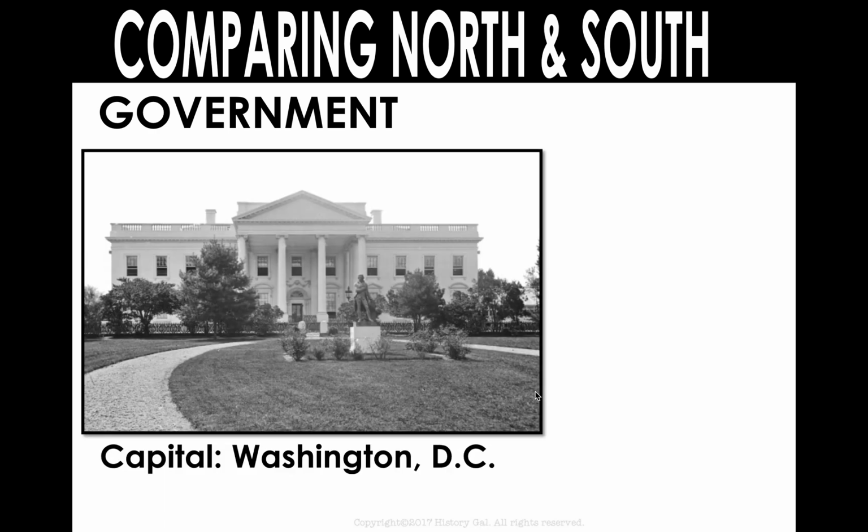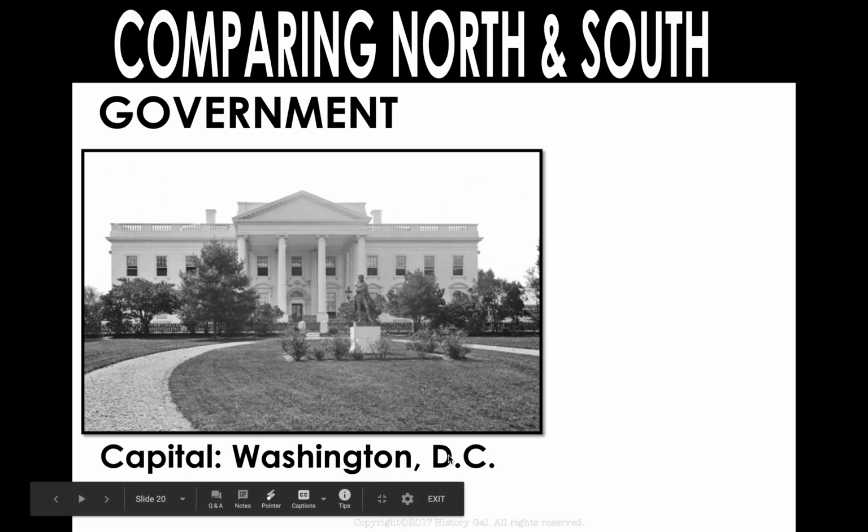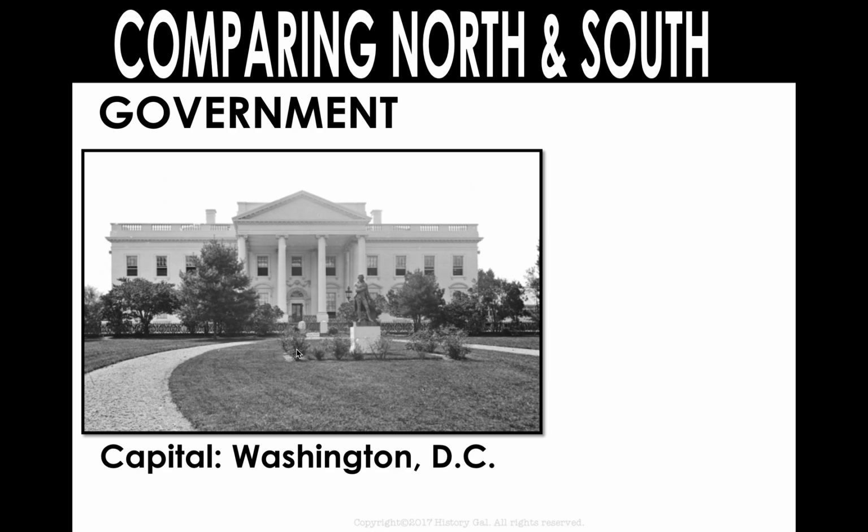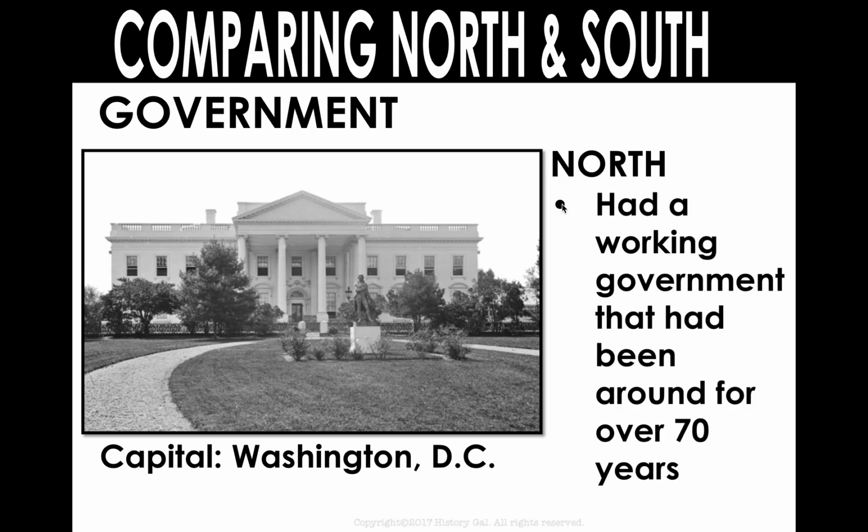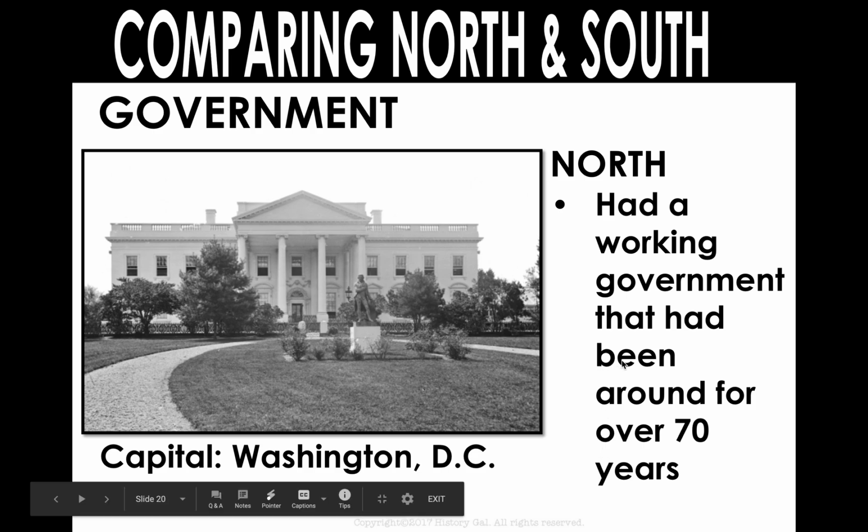Now let's compare the government of the North and the South. The government for the North was their existing government. Their capital was Washington D.C., which it still is today, where the White House is. And the North had a working government that had been around for over 70 years. This is the same government that we have today.